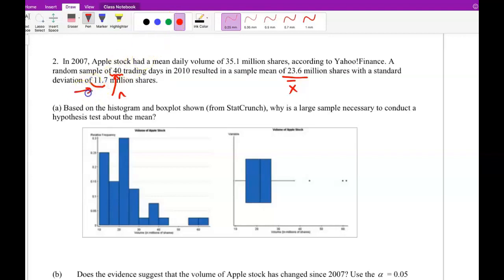This one is the sample standard deviation. Okay, part A: based on the histograms and box plot, why is a large sample necessary to conduct a hypothesis test about the mean?